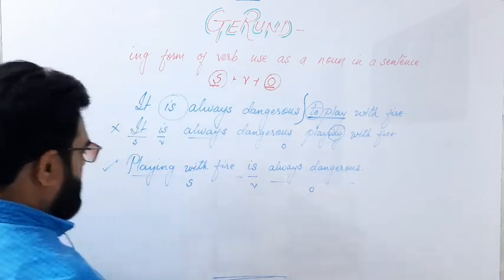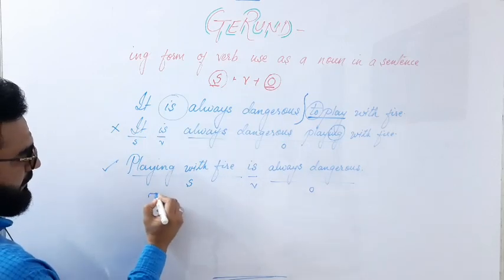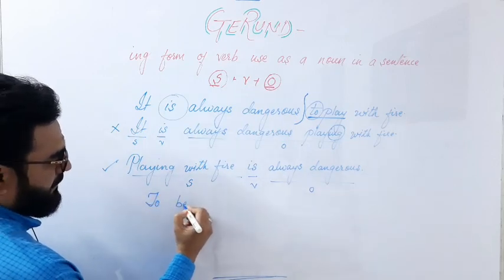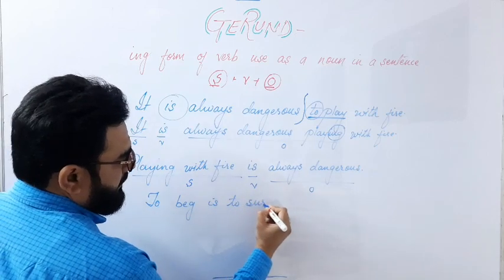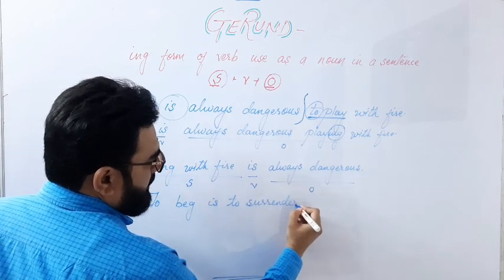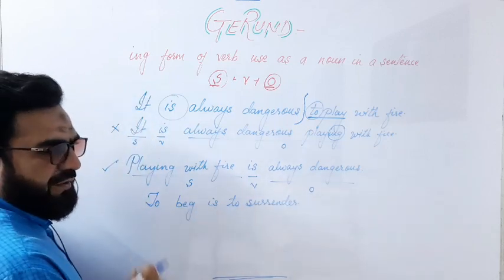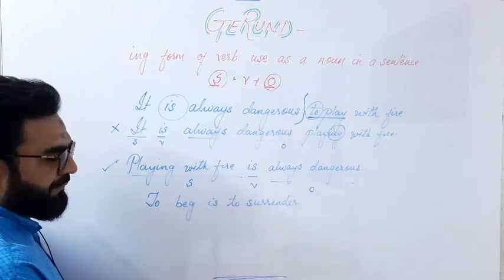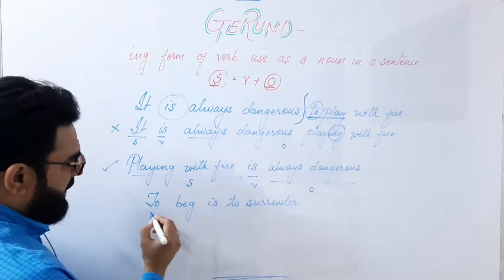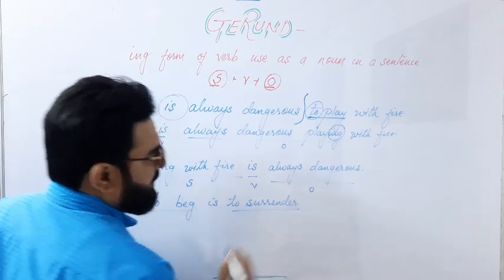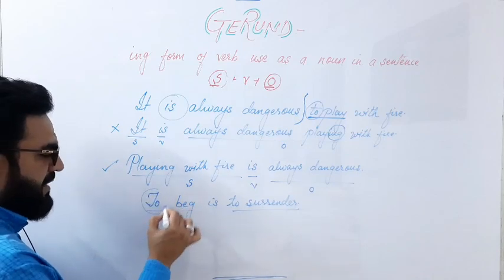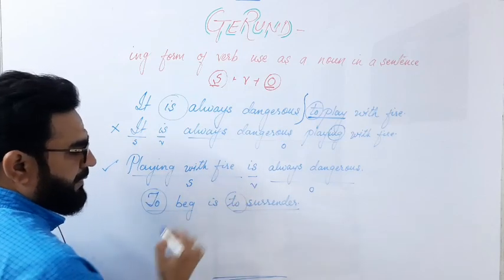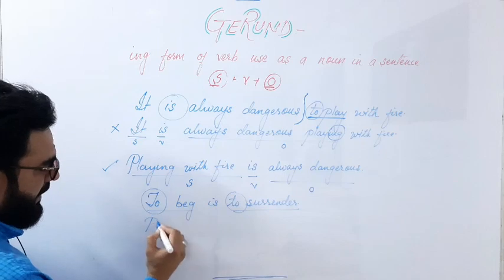Now another sentence. Again, using gerund or removing infinitive to. In this sentence, you will find two infinitive form. How to use? Both must be replaced by ing. Okay, now see.